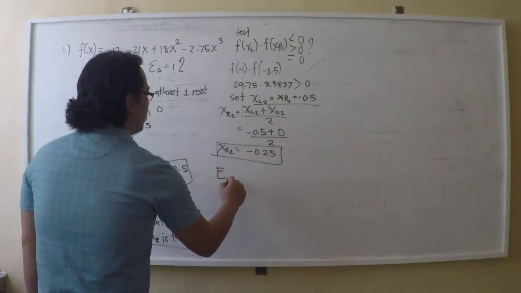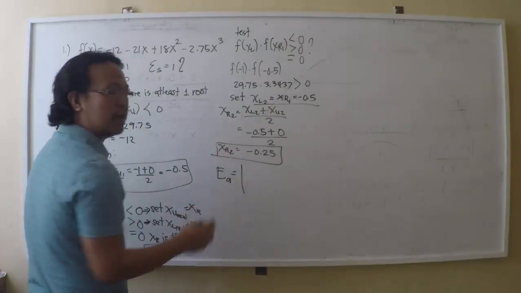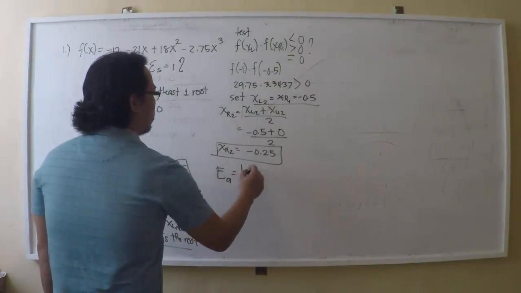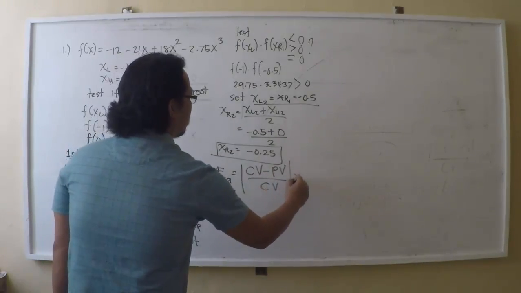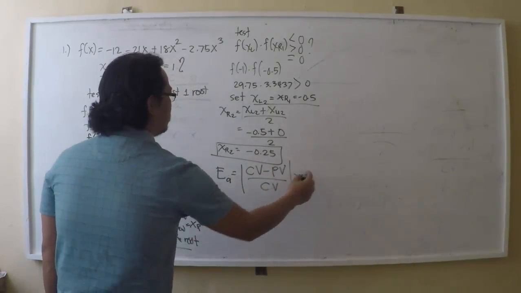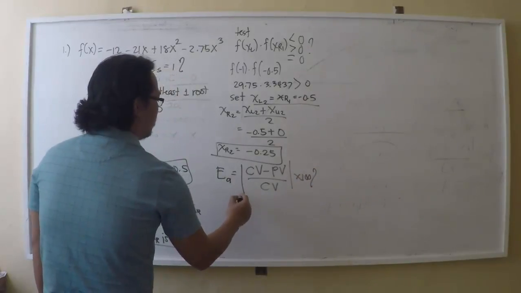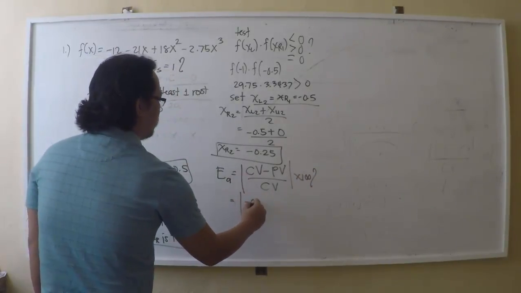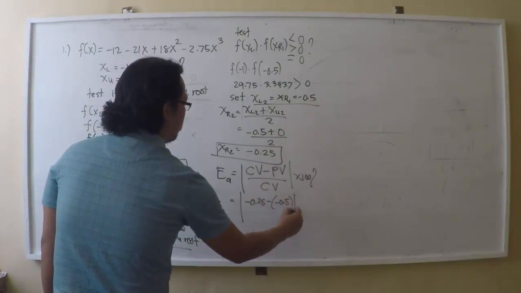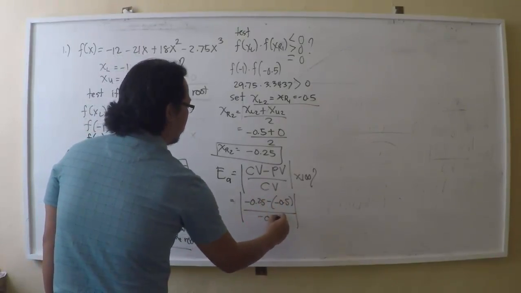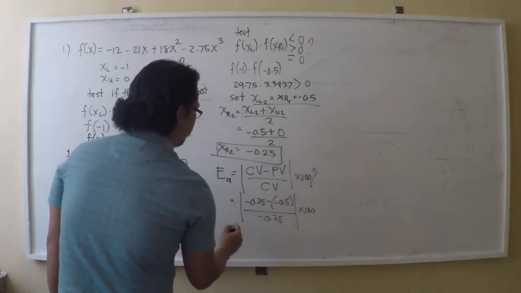Error is of course the absolute value of, remember, the current value minus the previous value over the current value, and then times 100 to make it percentage. We have here current value -0.25 minus -0.5 over -0.25 times 100.